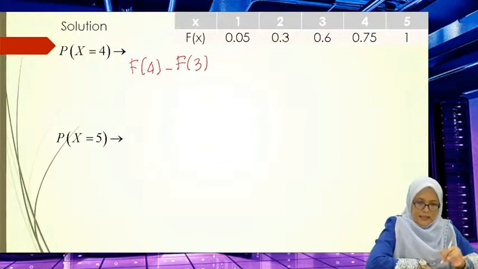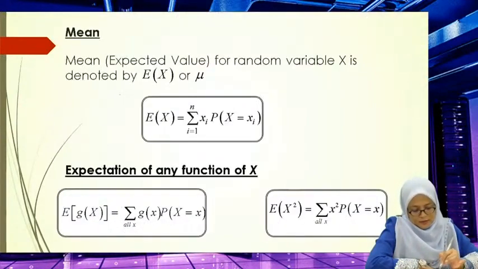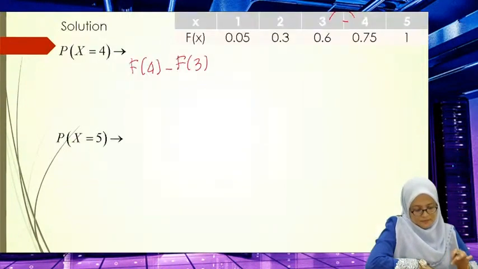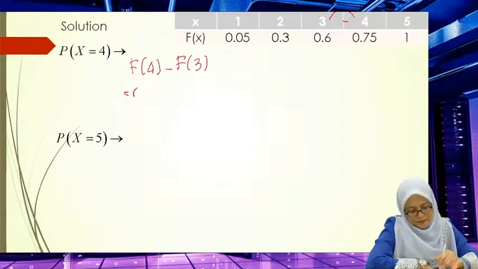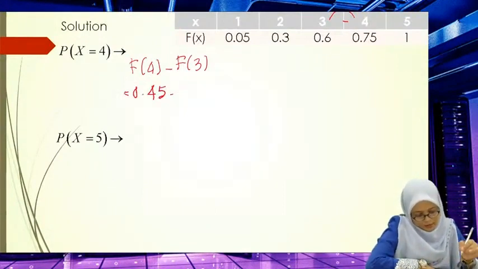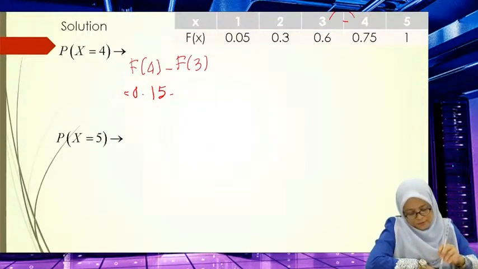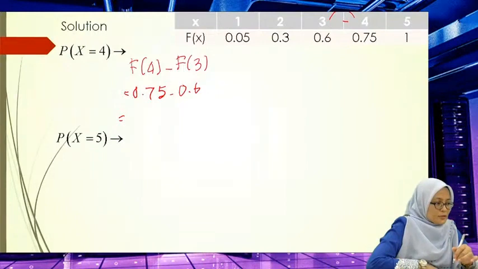So tolak-tolak nilai yang sebelumnya. Ni F4 minus F3. So F4 is 0.75, tolak F3 is 0.6. So kita dapat 0.15.